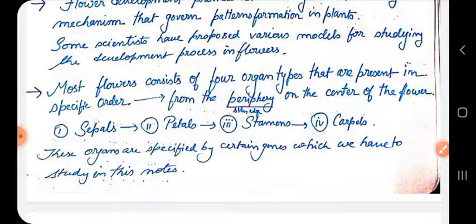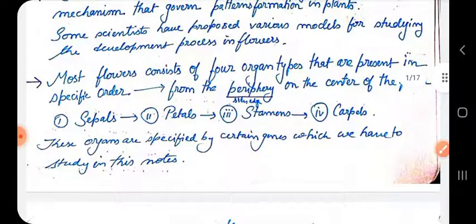These organs of the flower are specified by genes that interact with one another, which we have to study in these notes. This is the main thing we have to study in our syllabus: how the sepals are formed, how the petals are formed, and what genes interact to form stamens and carpels.